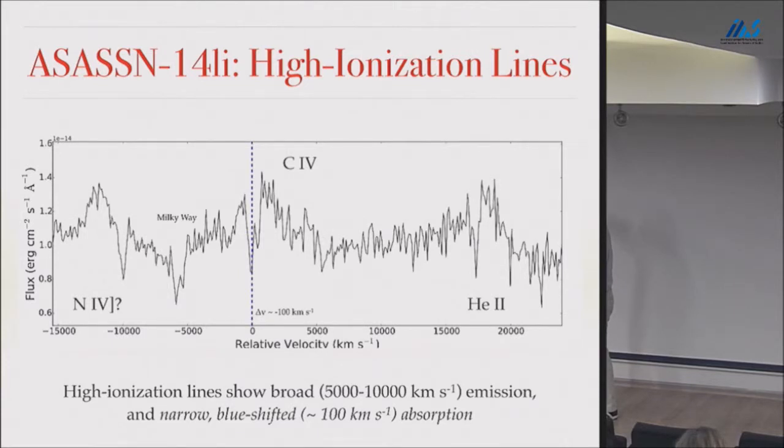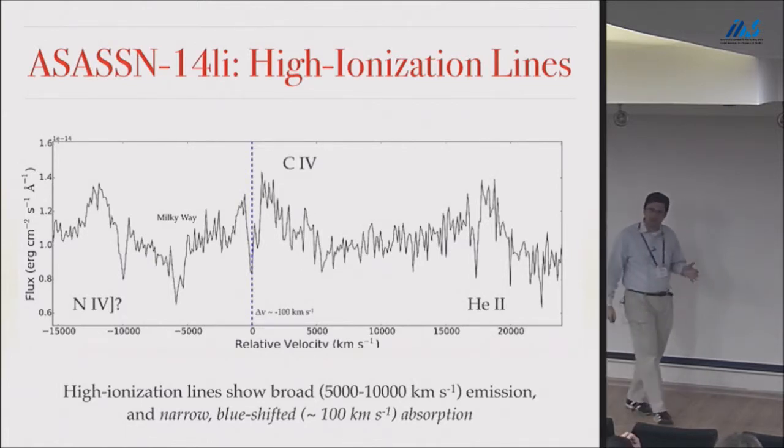No magnesium-2, but very strong carbon-4 in the host galaxy. And in fact, we have pretty accurate zero-point redshifts for this carbon-4. It's hard to see at this stretch, but this line right here is actually blueshifted by a velocity of about 80 to 100 kilometers a second.